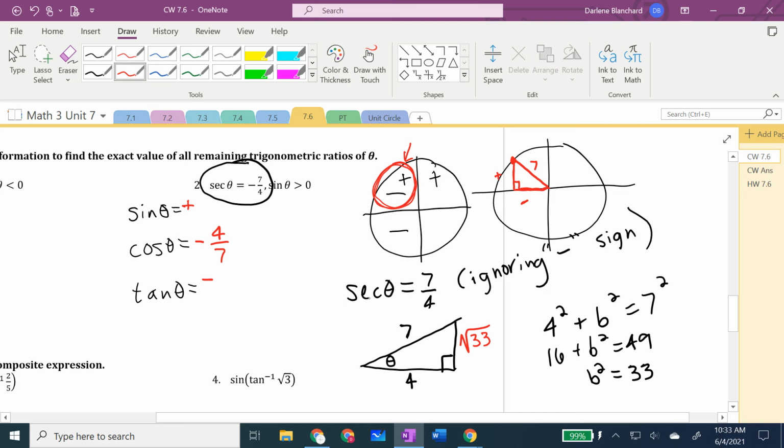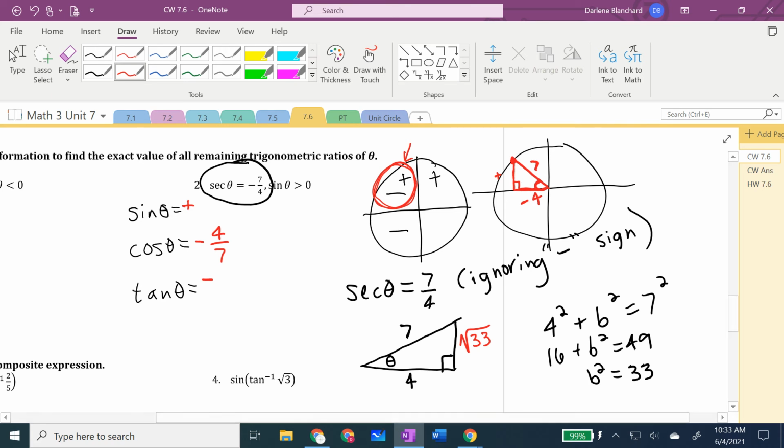And then I can remember that secant is, and here's my theta angle, cosine's reciprocal. So secant is hypotenuse over adjacent. And by doing that, I get that negative 7/4.